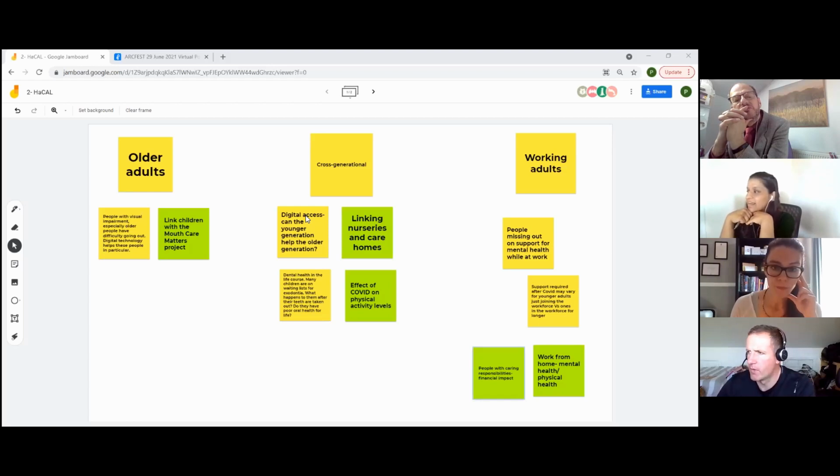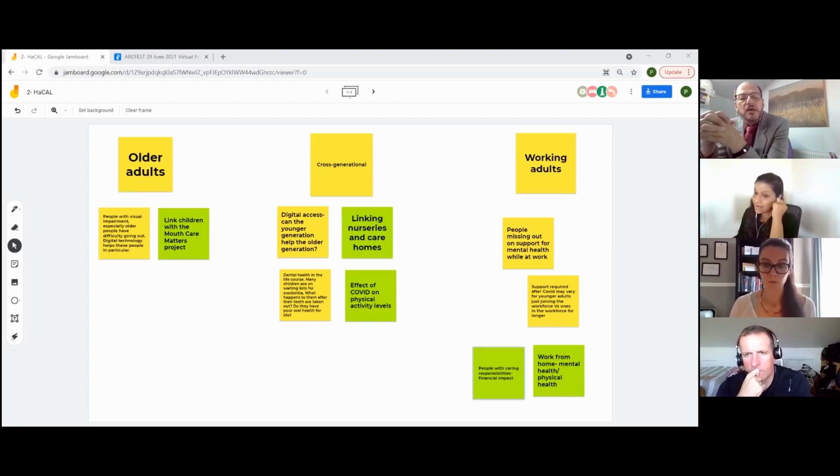Now that kind of changes to some extent, because many people are working from home. So what is the impact on the mental and physical health? It's like the difference between pre-COVID and post-COVID on mental health and physical health. And people with caring responsibilities who are working, they have the caring responsibilities as an impact on finance.